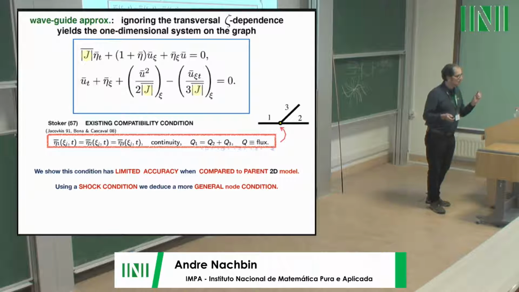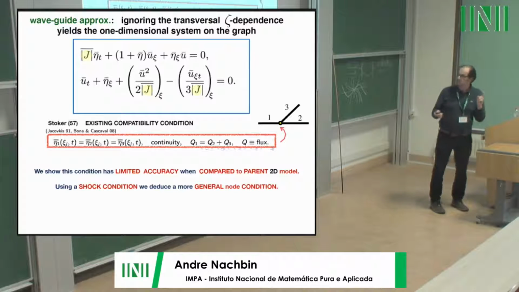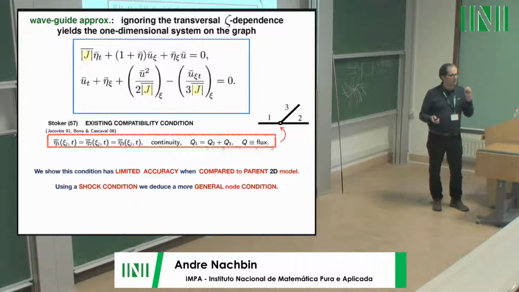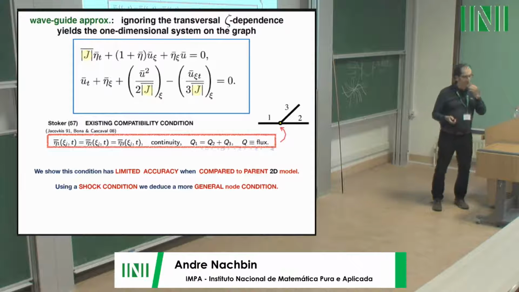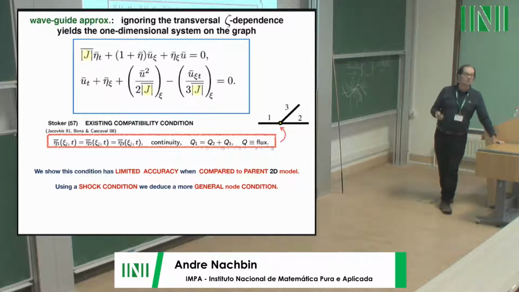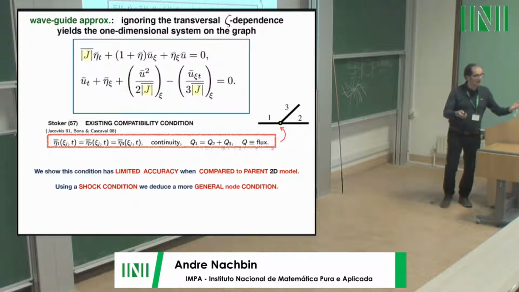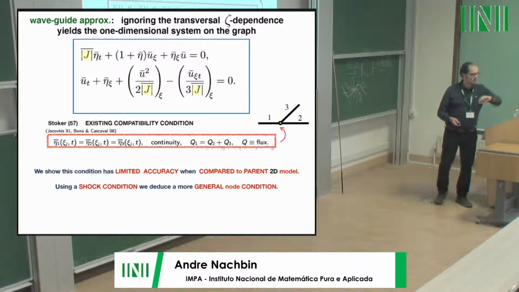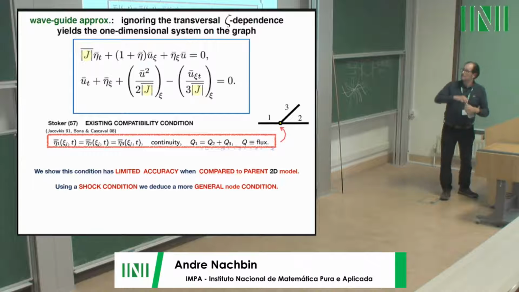Well posed, whatever. But the condition used, which is the Stoker condition, is of limited accuracy, and I'll show you why. So how did we fix it? You'll see also why. By looking at the 2D model, we use a shock condition here, and it improves the compatibility condition a lot. I'll show you that, and how we got motivated to that point.